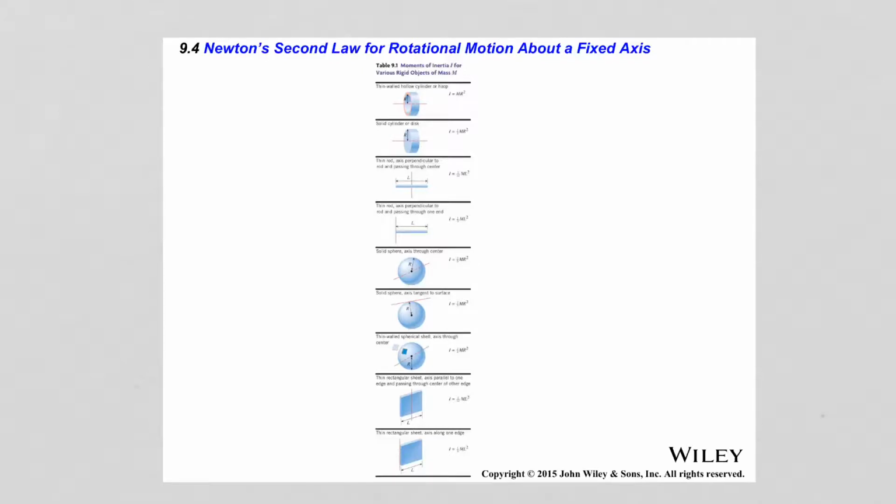So we have the moment of inertia of a thin-walled hollow cylinder or a hoop, a solid disc or cylinder, a rod of length L for an axis of rotation that passes through the center or through the middle, a rod of length L for an axis of rotation that passes through one end, a solid sphere for an axis of rotation passing through the center, a solid sphere for an axis that is tangent to the sphere, a hollow sphere or spherical shell, and then we have a rectangular sheet.